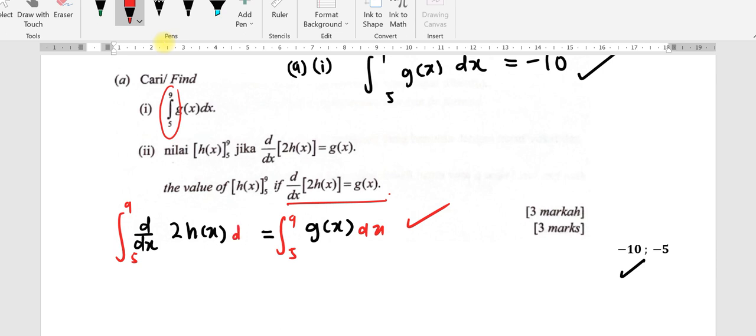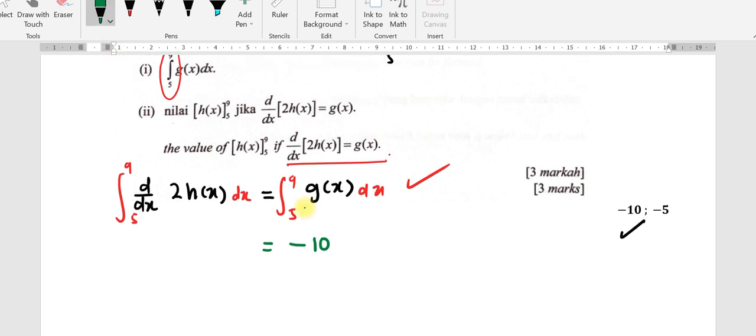Baru soalan dia balance kan. Okay. And another way I can eliminate the derivative. So this one definitely I will get negative 10, not positive 10. Don't forget that. And then here, your integration symbol, dia potong dengan differentiation here. So kamu akan dapat 2hx.